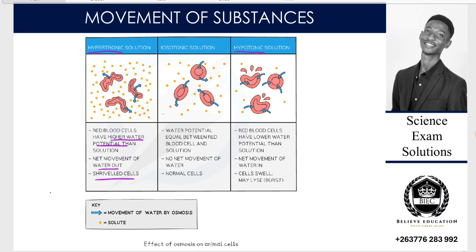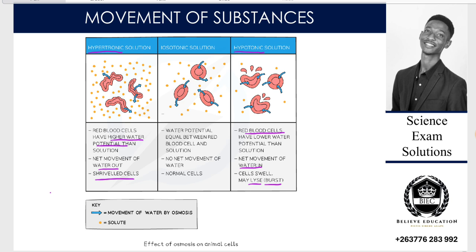For example, here the red blood cells have lower water potential than the solution, so the net movement is that water gets in. Once water gets in, we have no cell wall to control it, to control by what? By turgor pressure. So the cell swells up and becomes what? Burst. It may lyse. Are we together? Lyse, L-Y-S-E, means to burst.